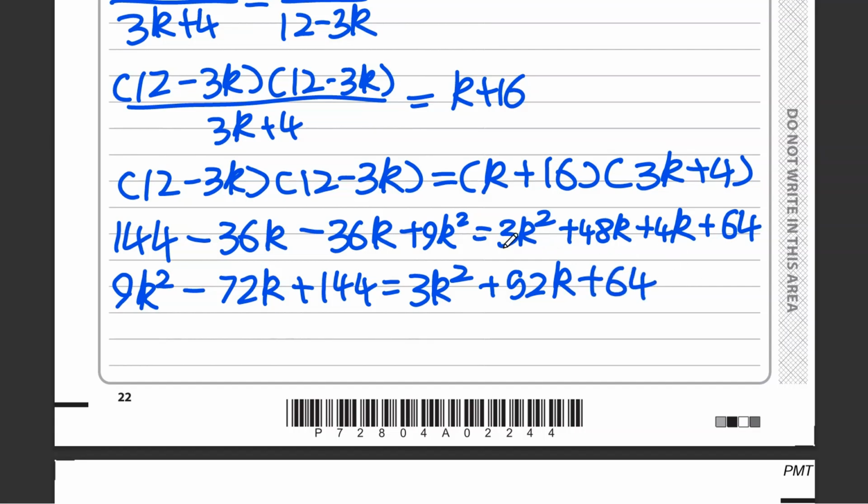Then let's bring all of this stuff here, this 3k squared plus 52k plus 64, onto this side here. So it's going to be 9k squared minus 3k squared, so this is going to be 6k squared, and then minus 72k minus this 52k is going to be equal to minus 124k, and then this 144 minus this 64 here is going to be equal to plus 80, and this is equal to 0.